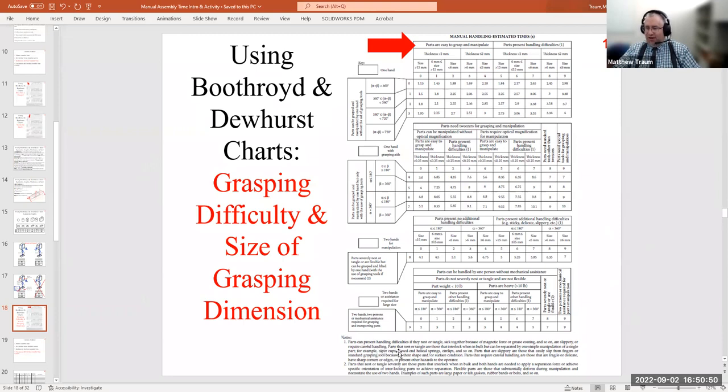Parts that nest or tangle are those that interlock when in bulk, but can be separated by simple manipulation of a single part. So there's a big long definition, but basically anything that presents a problem when you grab it is a part that presents handling difficulties.